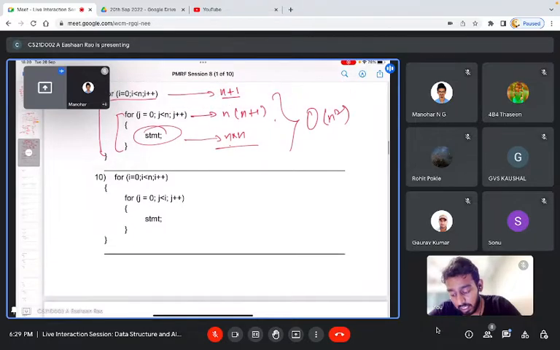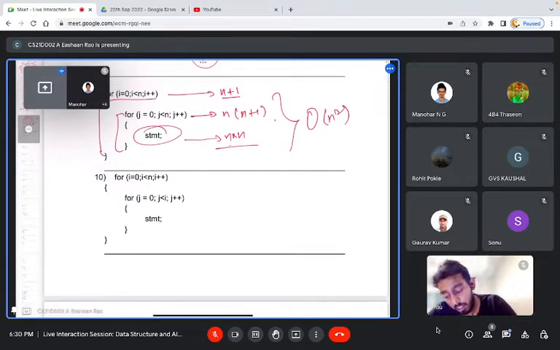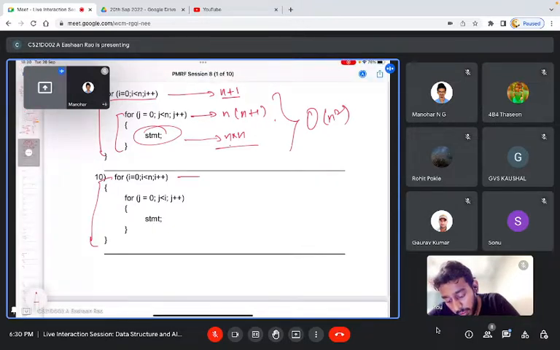But the next example is a little different. For the ith loop it is running for n plus 1 times, but here the condition is a little different. The condition is until j is less than i. So in this case, how should we approach it? When you don't have a clear idea, you should usually go for the tracing route.